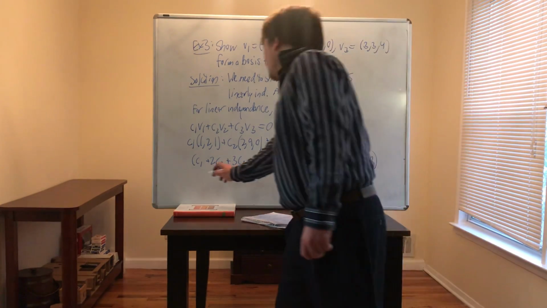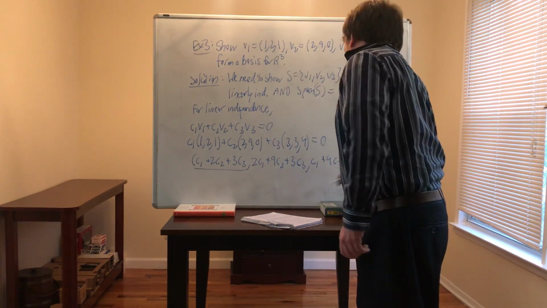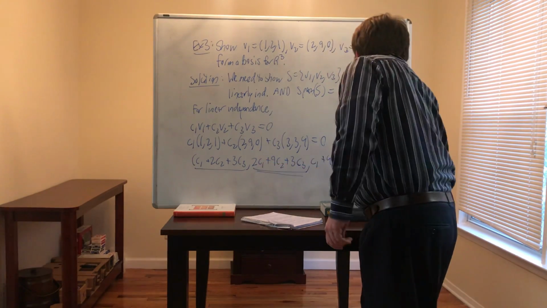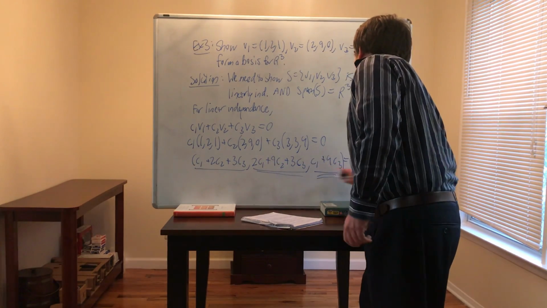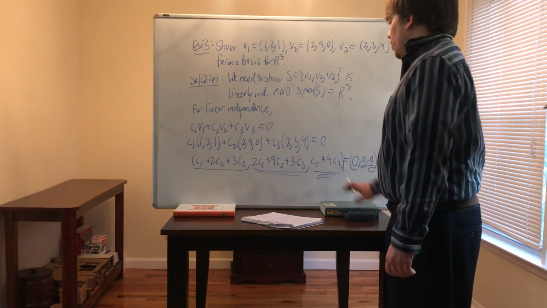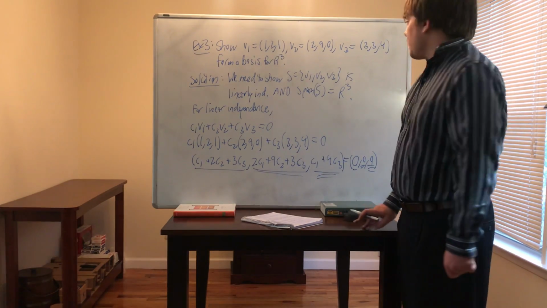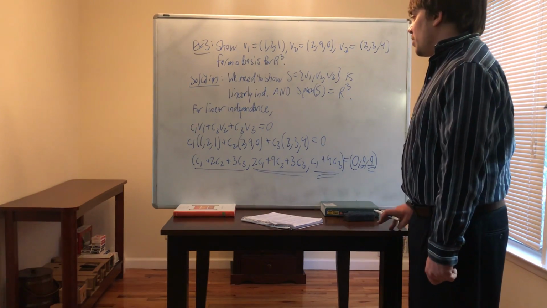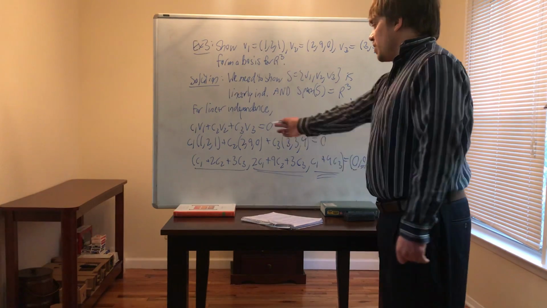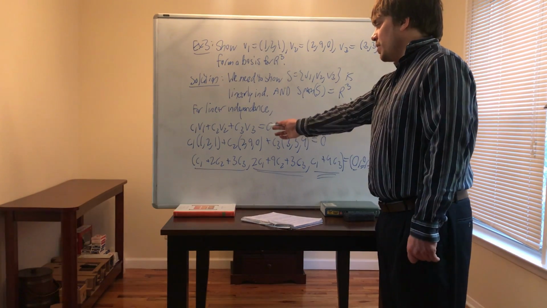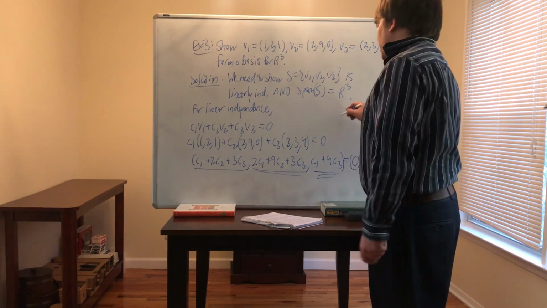Okay, and so we have to say that this is equal to 0, that that's equal to 0, and that this is equal to 0. In order for those 3-tuples to be the same, their corresponding components all have to be the same.